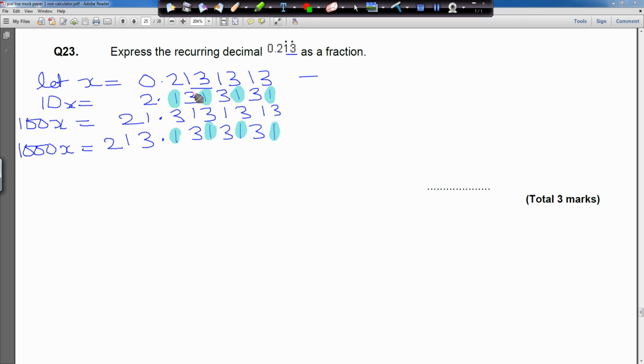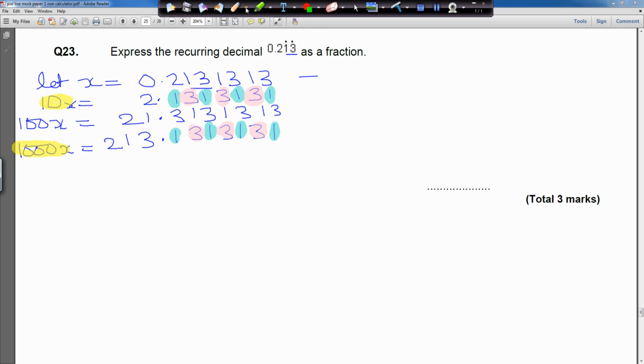In pink, this 3 lines up with this 3 over here. The alignment is important. The numbers must line up. So when we subtract, we are interested in 1000x and 10x, because the numbers after this point all match up.